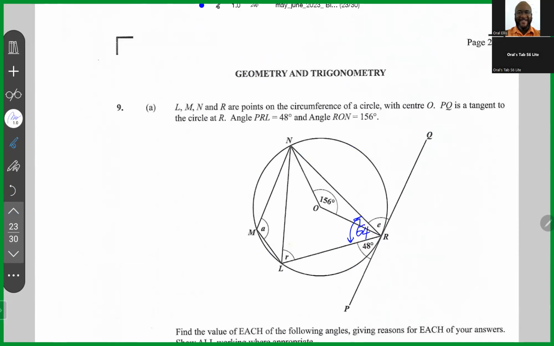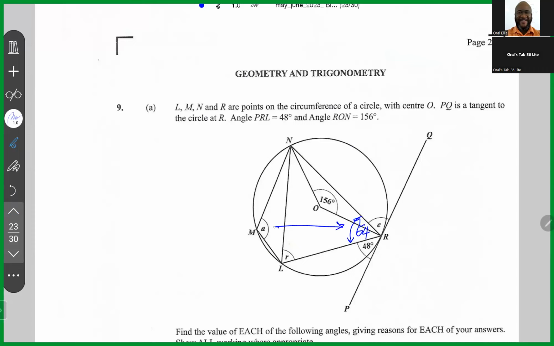Now, LMNR is what you call a cyclic quadrilateral. All four vertices, L, M, N, and R, are touching the circumference, therefore it's called a cyclic quadrilateral.